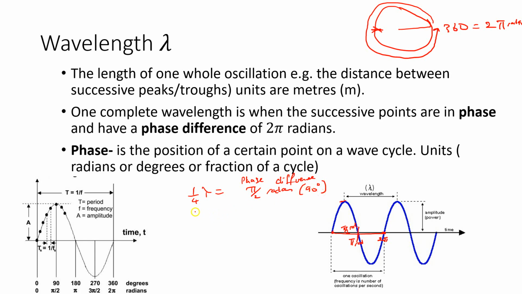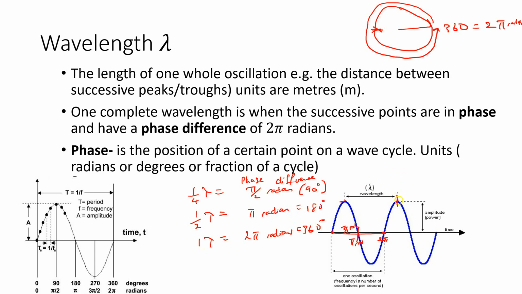All right. Now, for half a wavelength, we say that it has a phase difference of pi radians, which is equivalent to 180 degrees. But when we have one wavelength, it is 2 pi radians, which is 360 degrees. Following? Now, we could also continue.